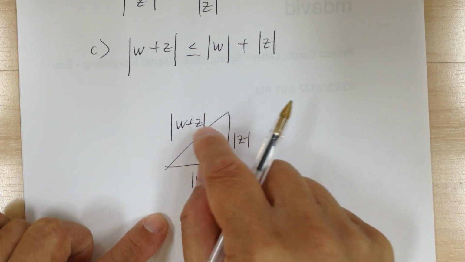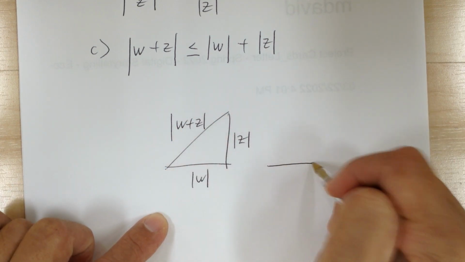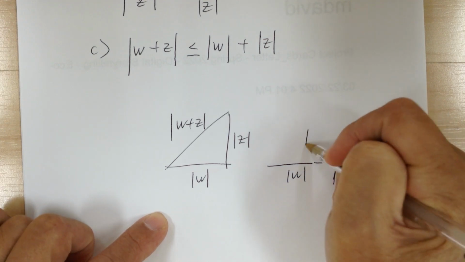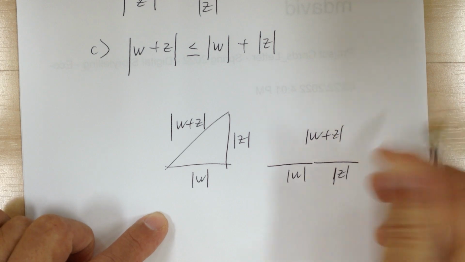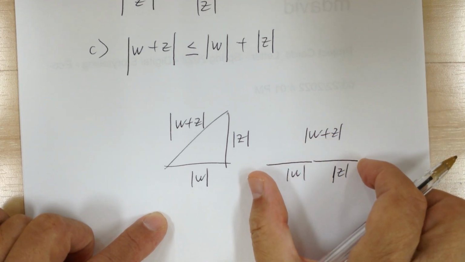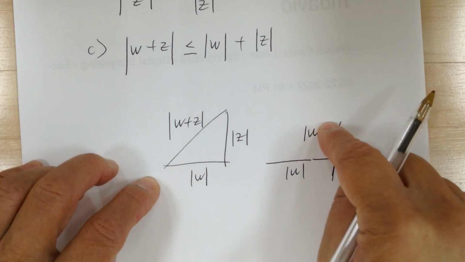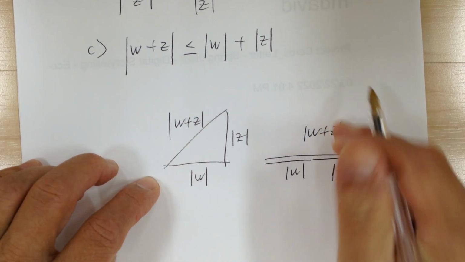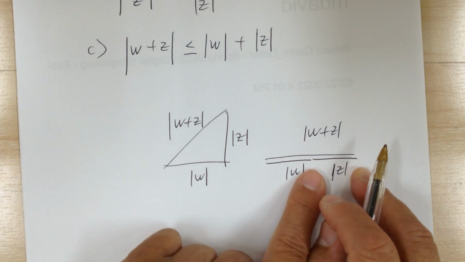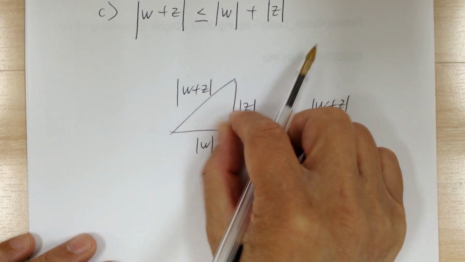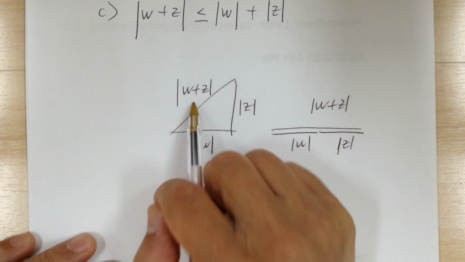Because if this is bigger than these two together, then you will not have a triangle. So the longest this can be is when equal. If the hypotenuse is longer than these two together, then you will not have a triangle. Okay, so this can be less than the sum of the two, or equal, but cannot be bigger.